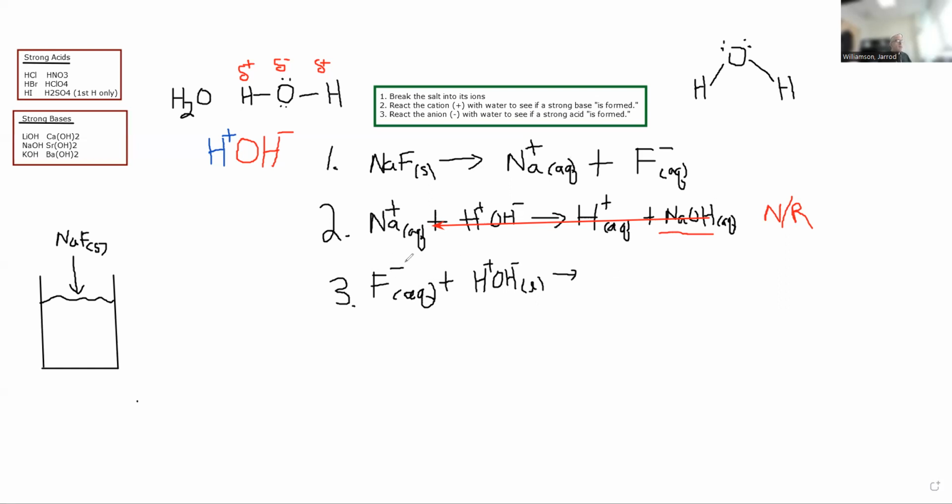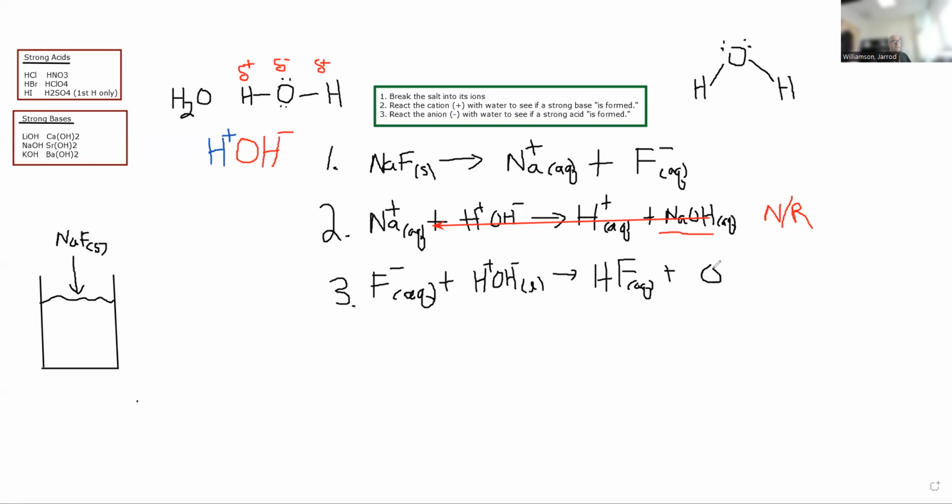What part would the F minus be attracted to? It'll be attracted to the H plus, and we'll try to form HF, aqueous, plus, and what will be left over?